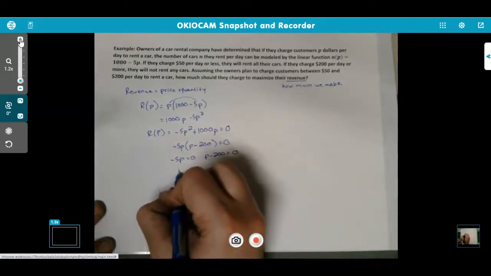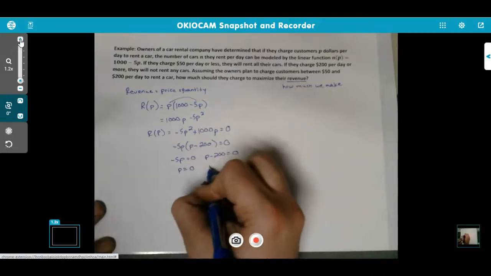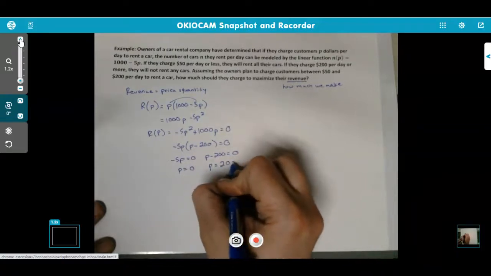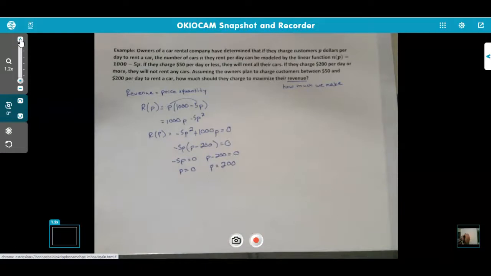So divide by the negative 5, P equals 0 here. Add the 200, P equals 200 here. Well, as we said, we want it to be between 50 and 200, right? So what I want to know is how much I should do between that, right?